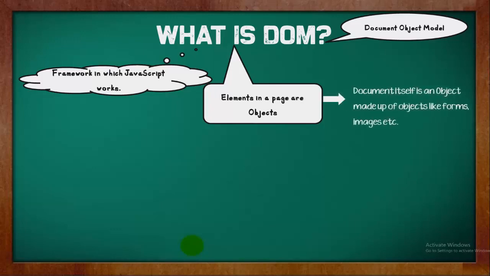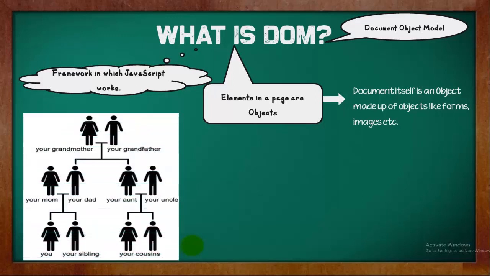A document itself is an object made up of objects like forms, images, anything. Any element in your form is considered as an object. Now I'll show you one small example. Just see this image. Here you can see that there is a family hierarchy, where our family starts from grandmother, grandfather, next comes mom, dad, and at last us, you and your siblings, your cousins, everyone. So it is showing a hierarchy.